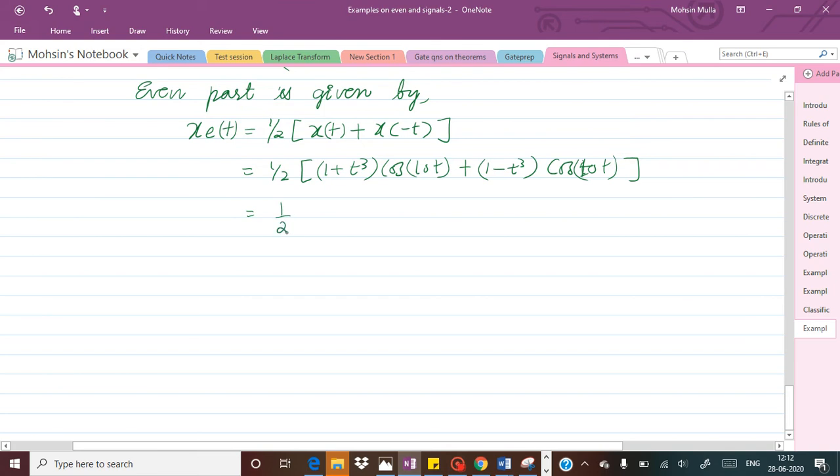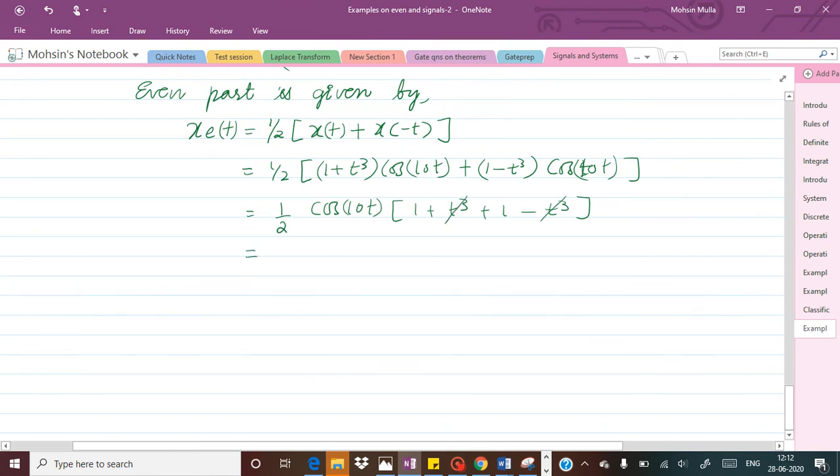So cos 10t can be taken outside, 1 plus t cube and 1 minus t cube. Minus t cube plus t cube will get cancelled.